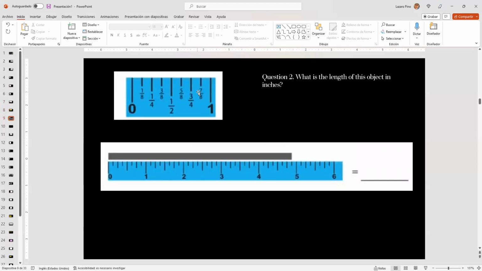You can observe here better the value of every line. Now, I want you to stop the video at any time and report the answer for question number 2. What is the length of this object in inches? Remember to do the measurement according with this scale that you have here.